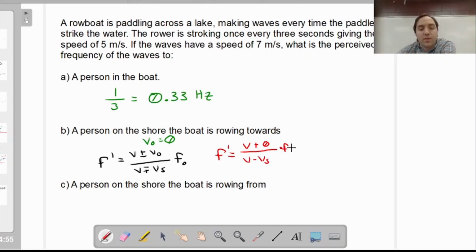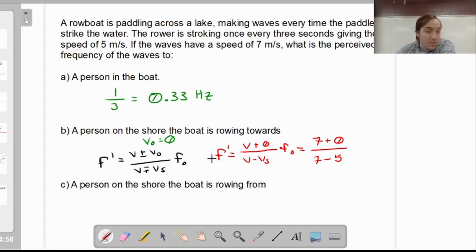And then we'll plug in original frequency, which would give us the speed of the wave, which is 7 plus 0, over 7 minus 5. Why minus? Because it's moving towards this observer.